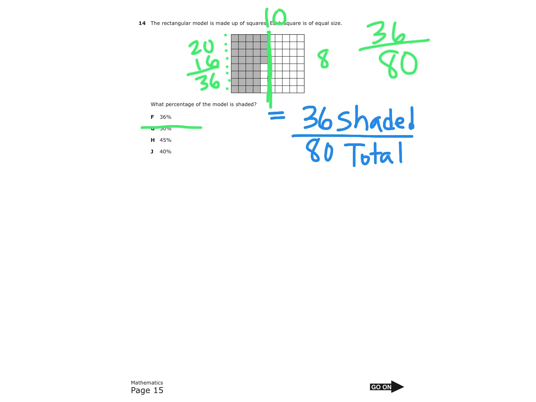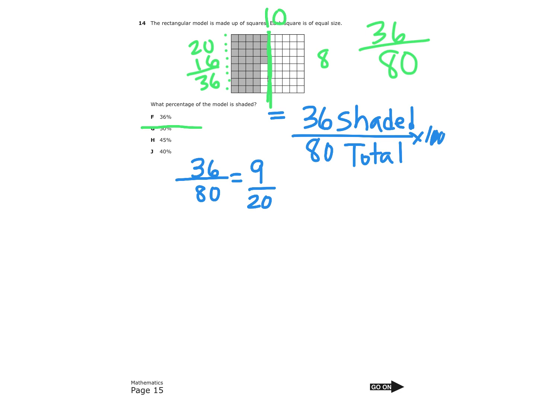So anytime you want to change to a percent, multiply by 100, that'll change it to a percent. So we have to divide 36 divided by 80, multiply by 100. Maybe we can reduce this. 4 goes into 36 9 times, and 4 goes into 80 20 times. So now I have 9 out of 20.